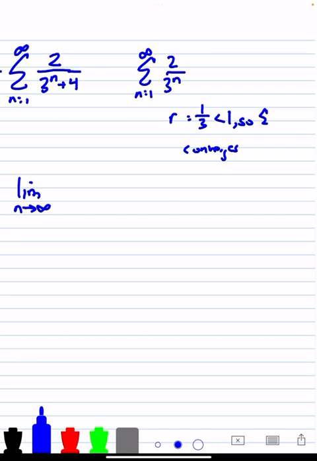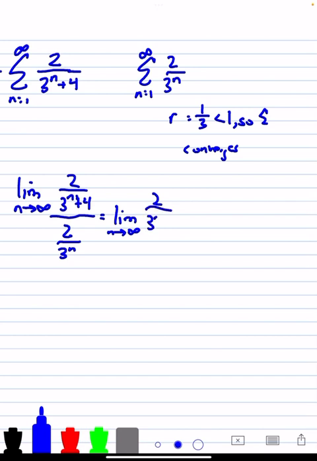The limit, once again, when we divide by a fraction, we know the old rules. We must multiply by the reciprocal.